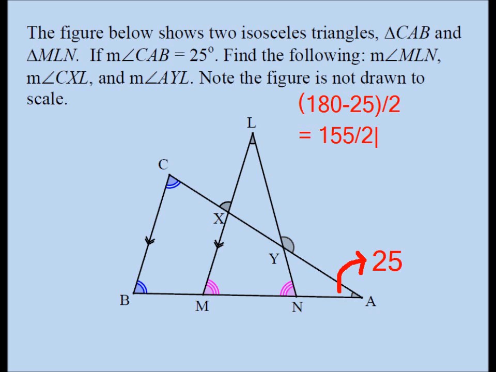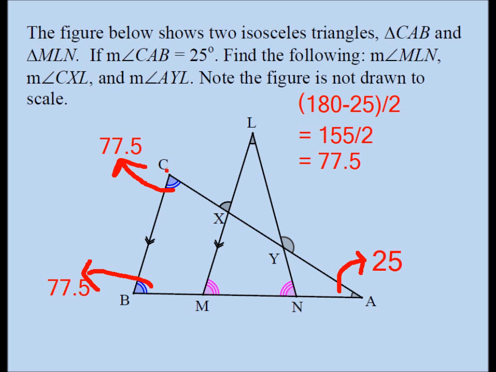That divided by 2. 150 divided by 2 is going to be 75, so 77.5. So what we're claiming is that this angle is 77.5, and this angle is 77.5.